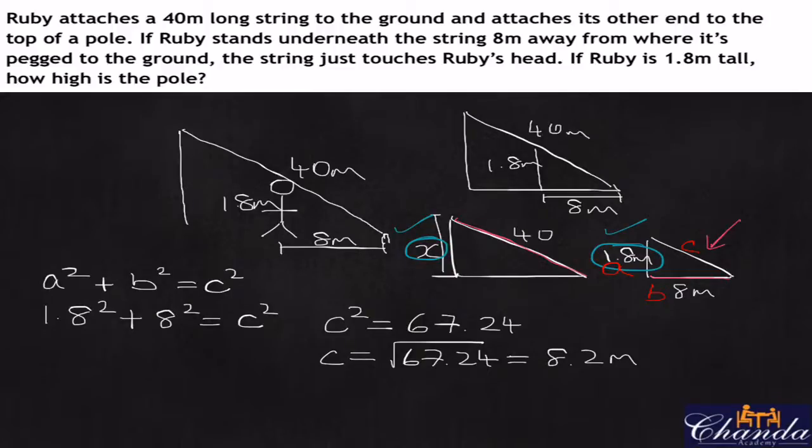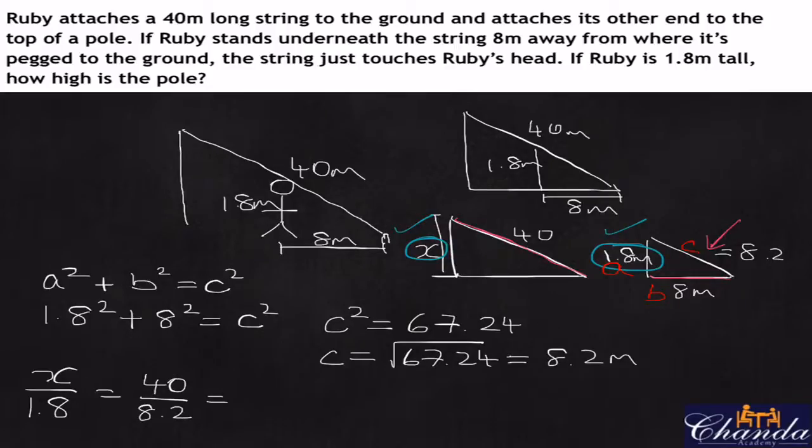Now we can use our ratios. So we have x over 1.8, which is equal to, now we're working with the hypotenuses, so we have 40 over 8.2. Excellent.